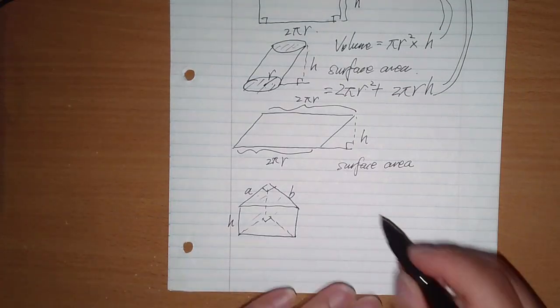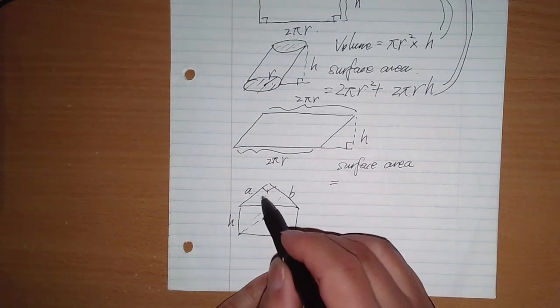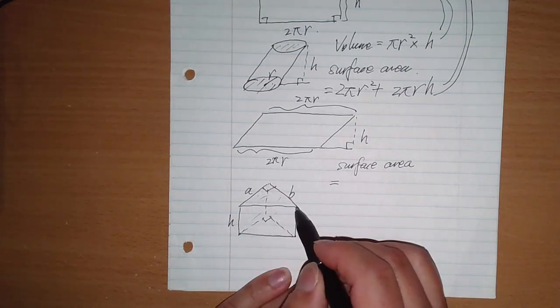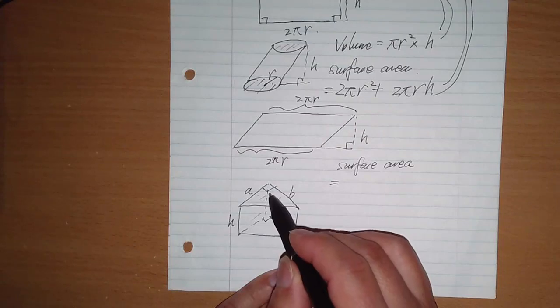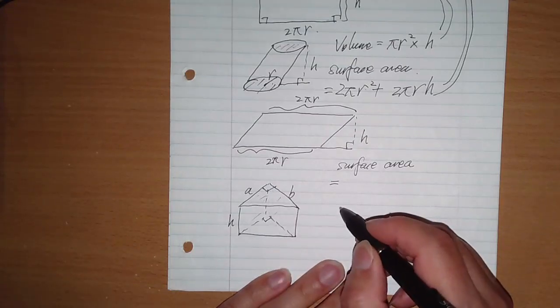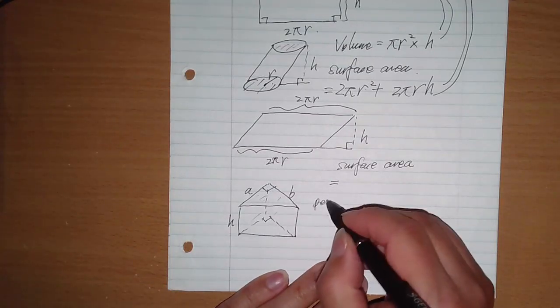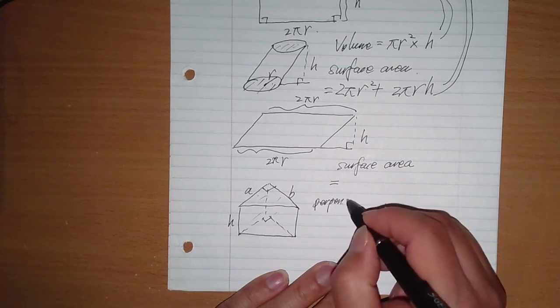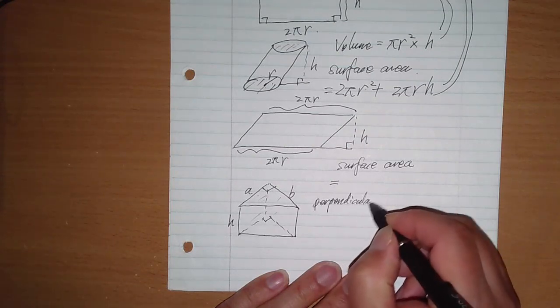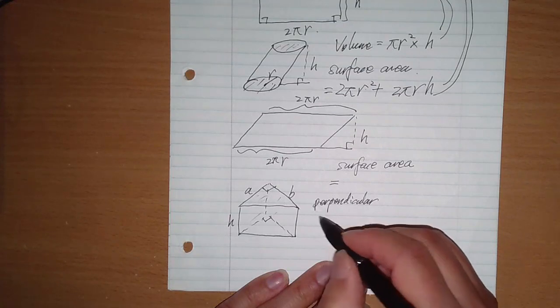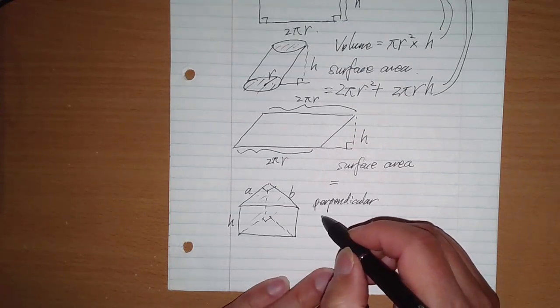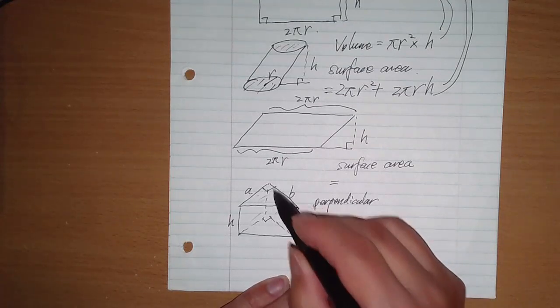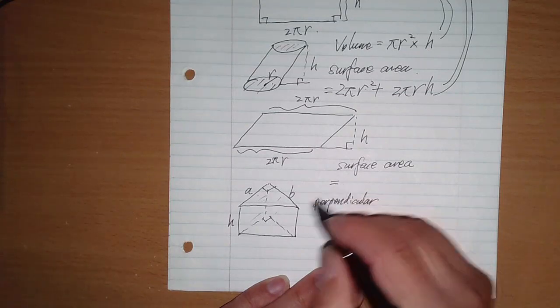So let's look at the top. Since A is perpendicular to B. By the way, the word perpendicular: if we have two line segments perpendicular, that means the formed angle is 90 degrees.